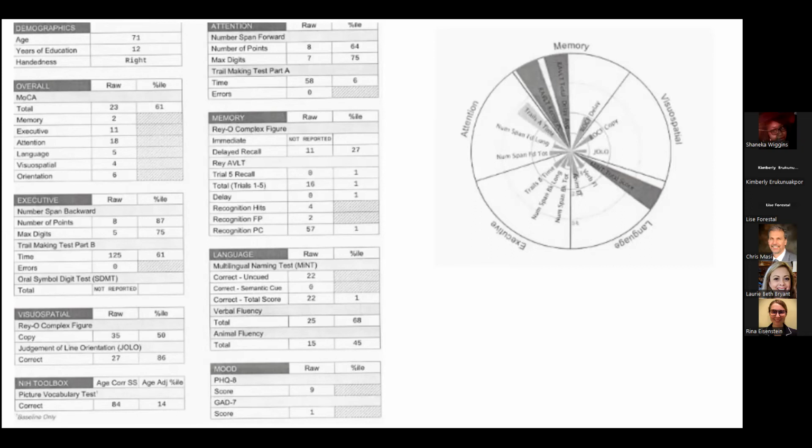And the language in this one, the mean was also low. So overall, when you see this pie, this is kind of how we present. Anything that reached the outer circle corresponds to -2 standard deviation. So in this case, his memory was definitely impaired. It was both verbal and visual memory, and the language was a little involved too, okay?